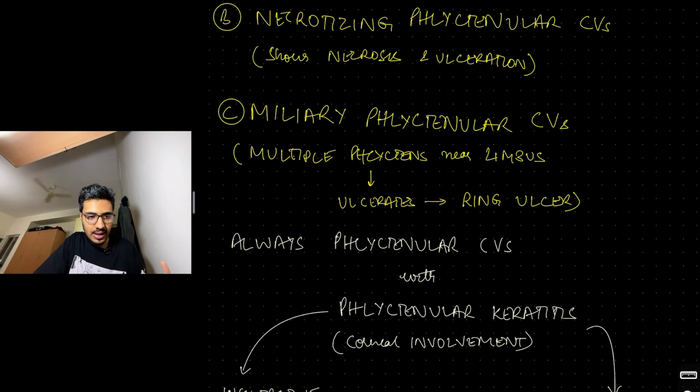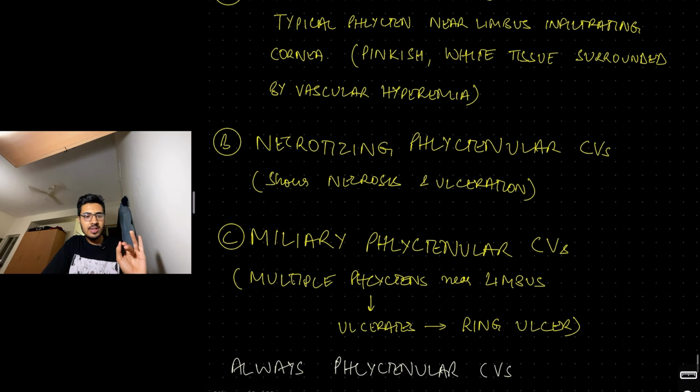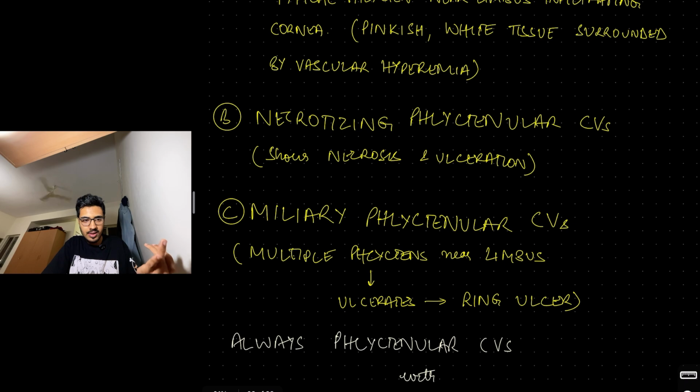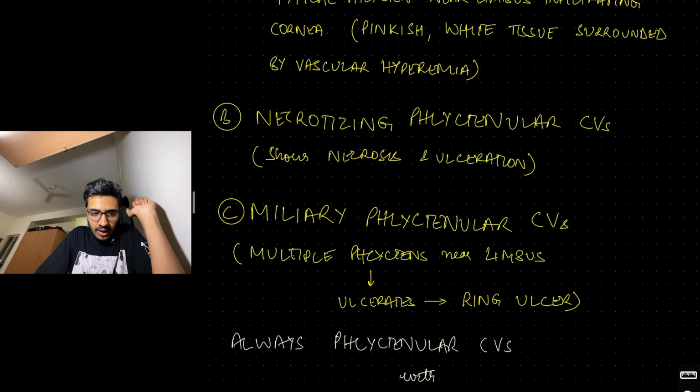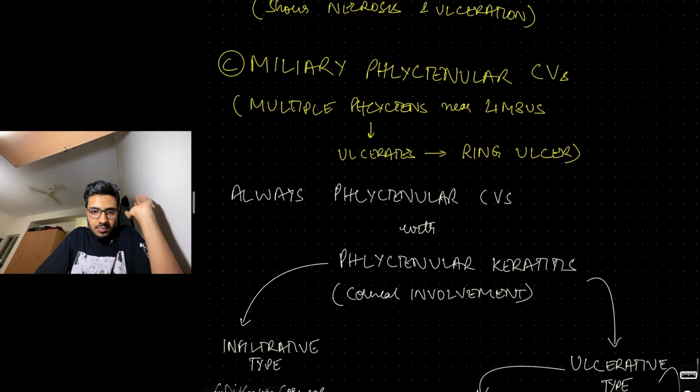Simple phlectenular conjunctivitis, typical phlectin, pinkish white nodular tissue surrounded by vascular hyperemia in the limbus. Then if it goes into necrosis and ulceration, necrotizing phlectenular conjunctivitis. If you have multiple forming a ring, then it leads to a ring ulcer.